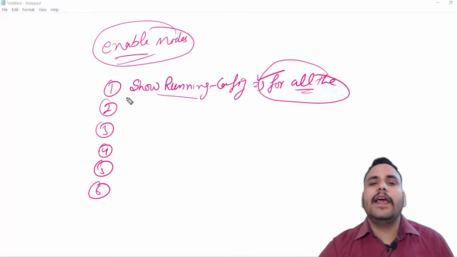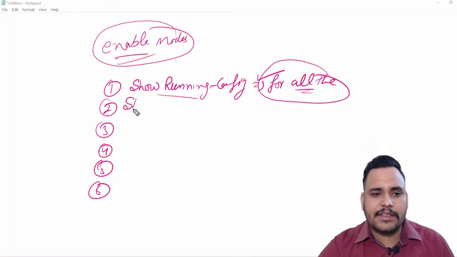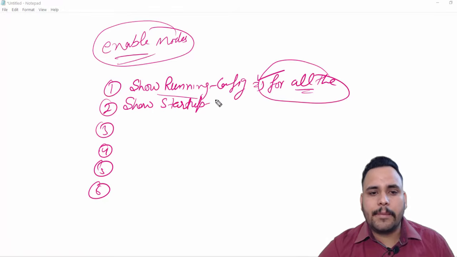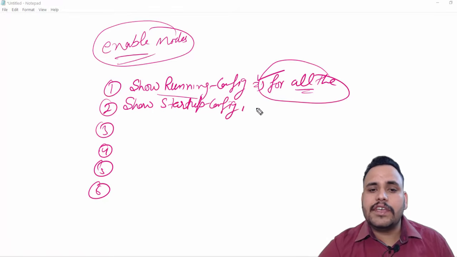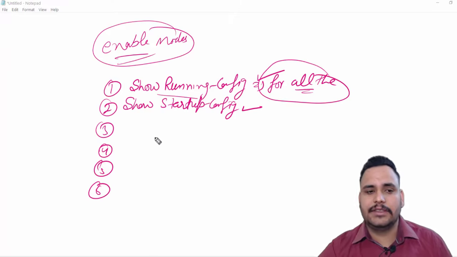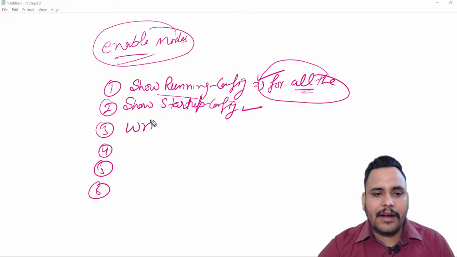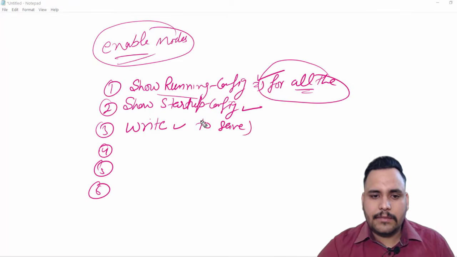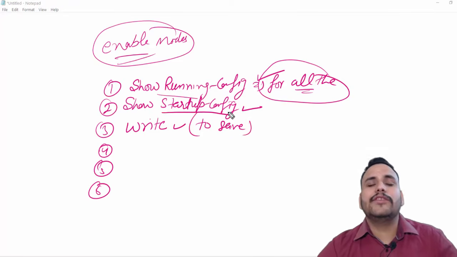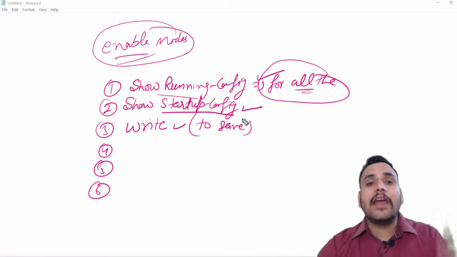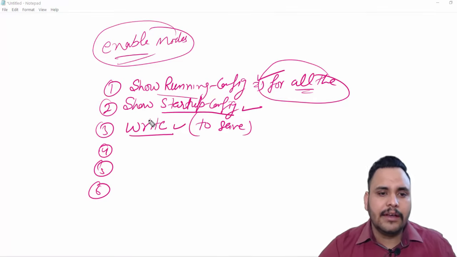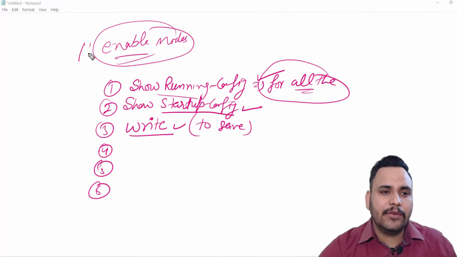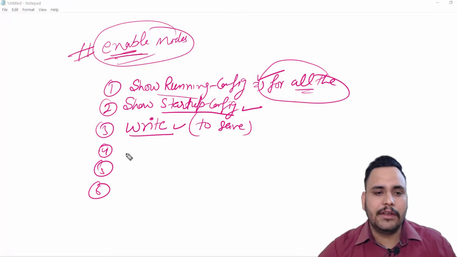If anything is saved, the command show startup-config shows the saved configuration. One more command, write, is used to save the data. Show startup-config is used to see the saved configuration, but for saving we have to use the write command. I am using these commands in enable mode only.